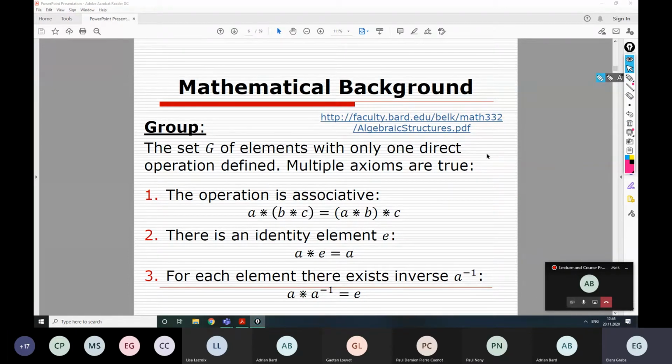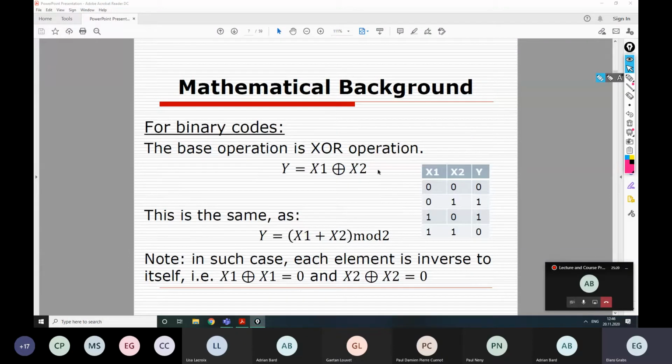So, as you can imagine, the group codes form such a group. And for binary codes, which we are going to talk about, we are going to use the base operation exclusive OR, which is mathematically the same thing as addition by modulo 2. So basically, this XOR operation is a logical function which gives the result of 1 only if two numbers are different.